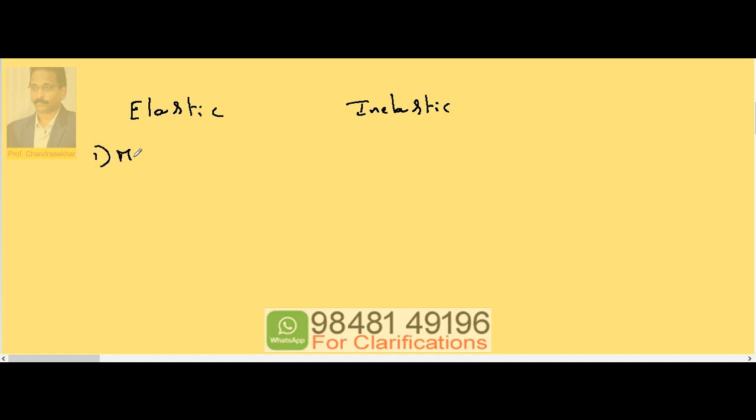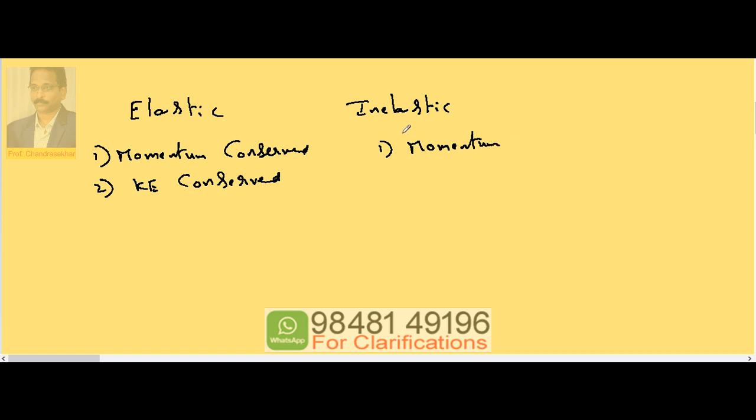Number 1, momentum conserved. Number 2, kinetic energy conserved. If both things are conserved, then the collision is said to be elastic. Inelastic: only momentum is conserved, no kinetic energy conservation.